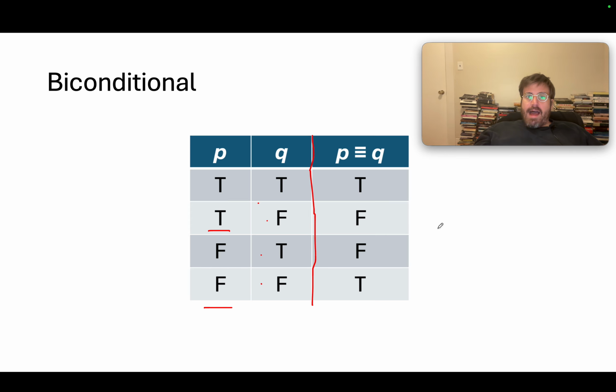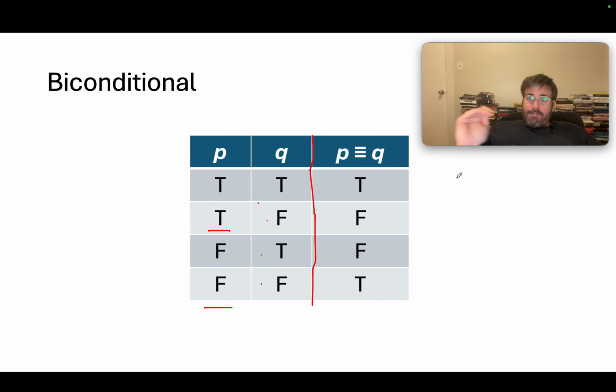Now we have to think back on our rule regarding the triple bar, regarding the biconditional, and think about when the triple bar is true and when it is false. What our rule suggests is that when you have the same values, the triple bar is true.